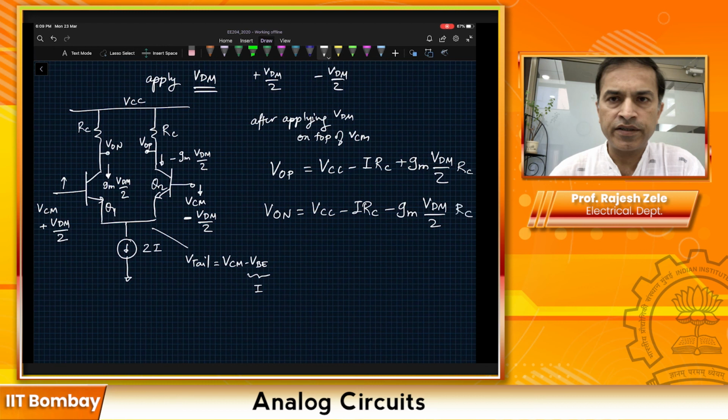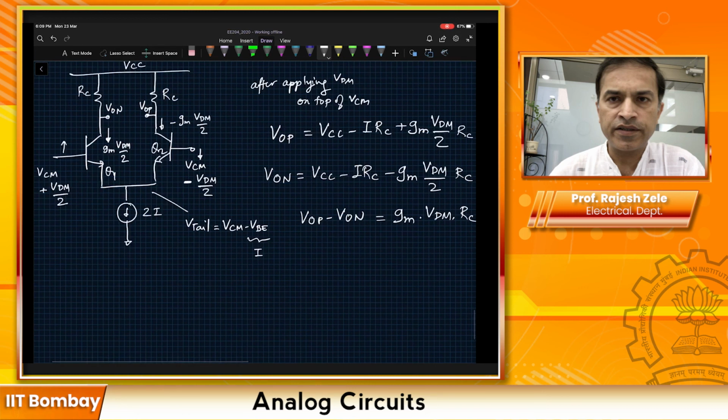Okay, so now finally what matters is the differential voltage that will be going to the next stage. So what we are looking for is VOP minus VON. That's the voltage that you're looking at, and you can quickly see that this is going to look like GM times VDM times RC.